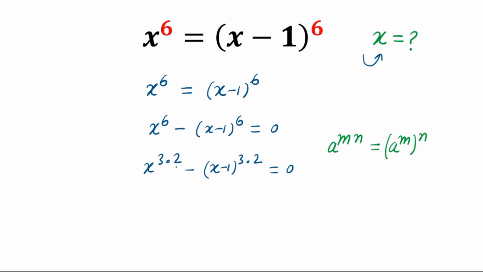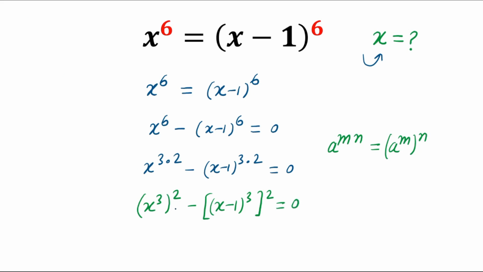Then we can write x power 3 times 2 as (x power 3) whole power 2, minus, and here x minus 1 behaves like a, 3 is m and 2 is n. So we can write this expression as ((x minus 1) whole cube) whole power 2, and this is equal to 0.